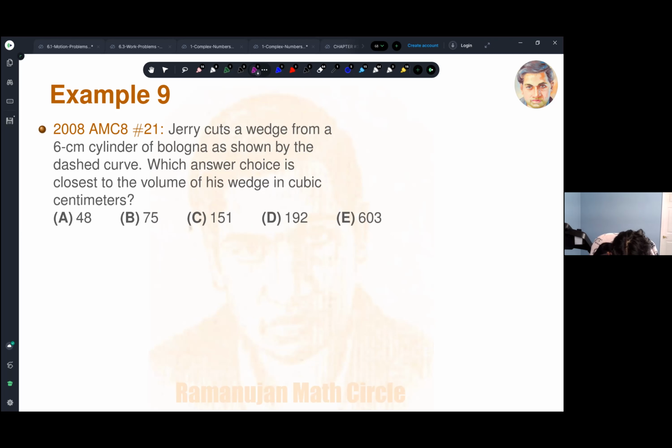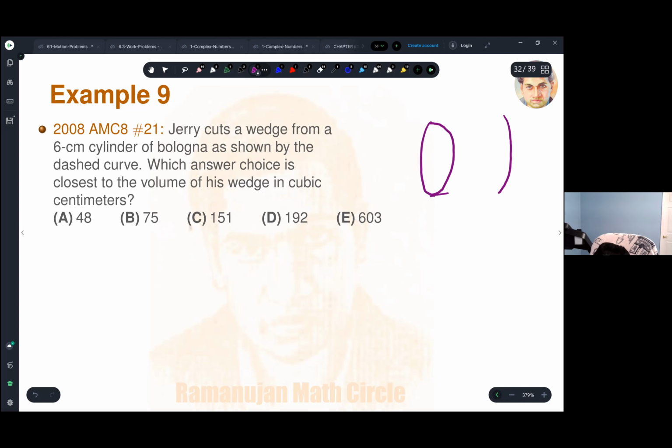So now there's an example. Jerry cuts a wedge from a 6 centimeter cylinder of Bologna, as shown by the dashed curve. Which answer choice is closest to the volume of his wedge in cubic centimeters? I think the diagram didn't show up correctly again, but I will draw it out. Pardon me if my drawing isn't the best.